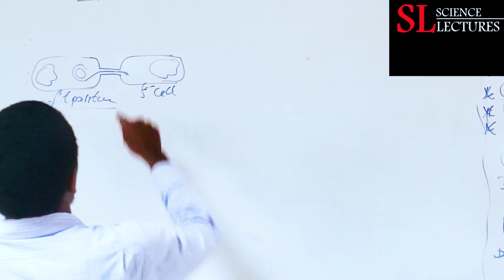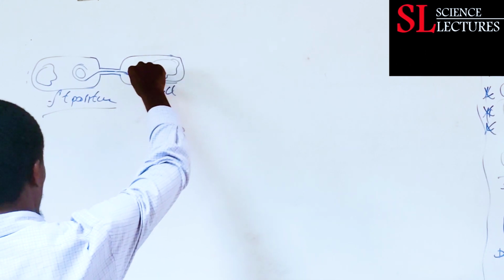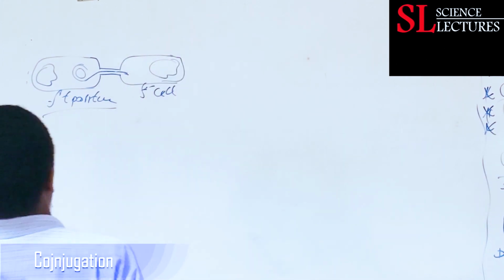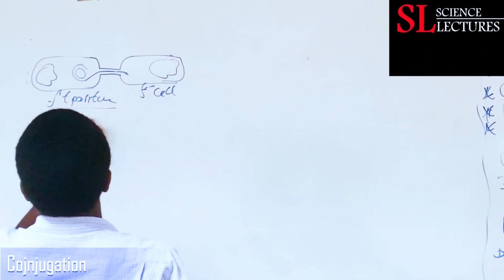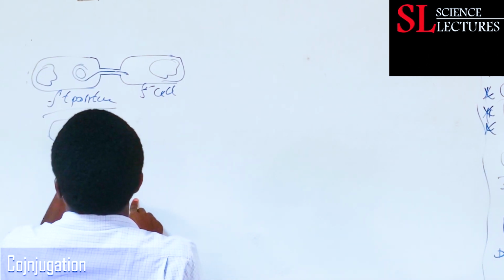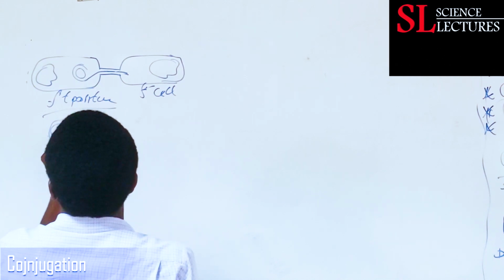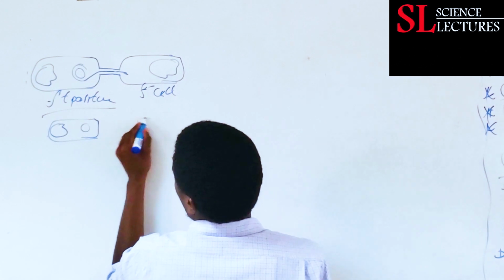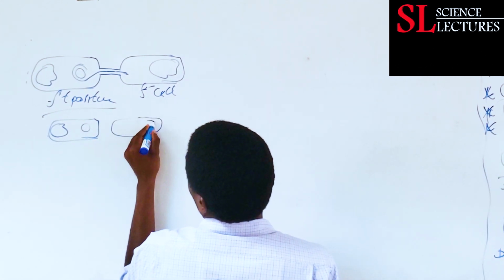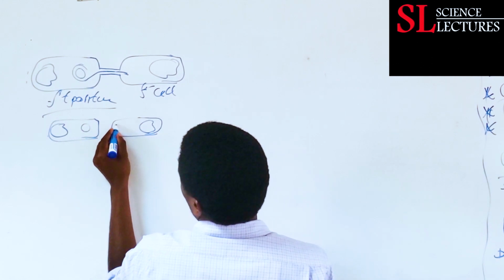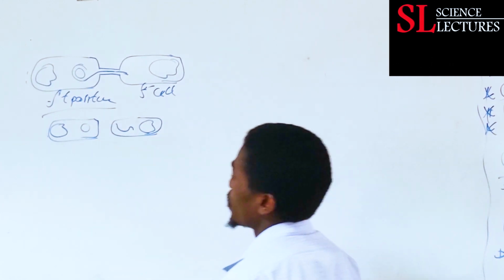When the plasmid strand is received, the F positive cell has one strand remaining, and the other cell has gotten a plasmid strand.